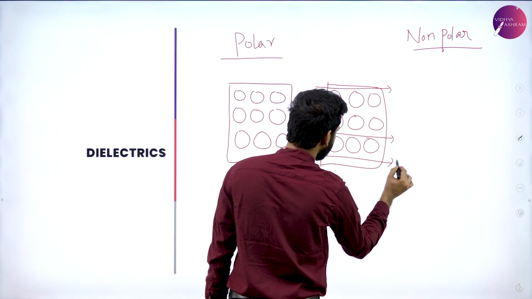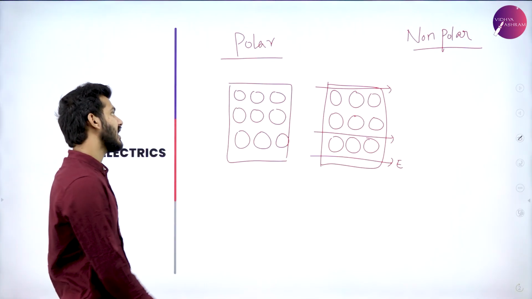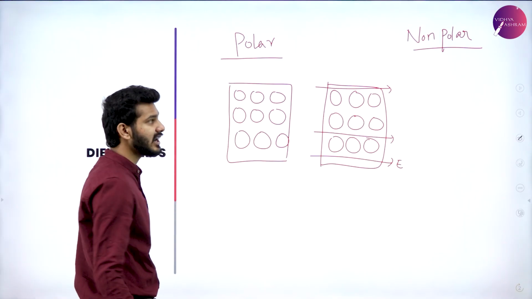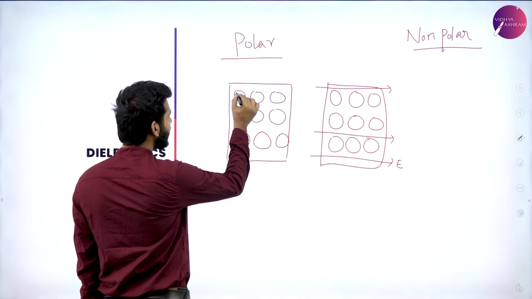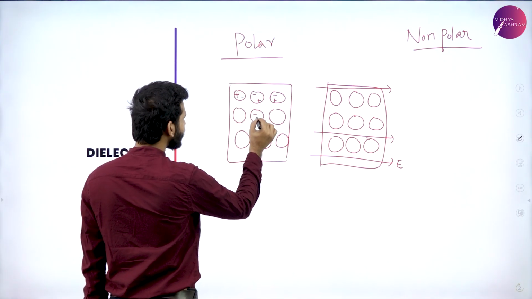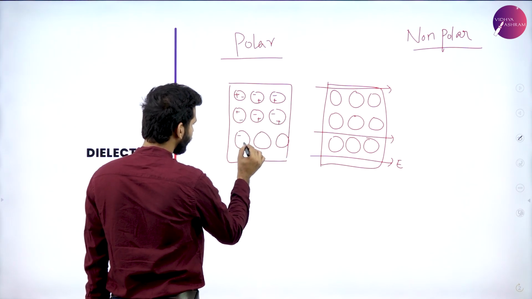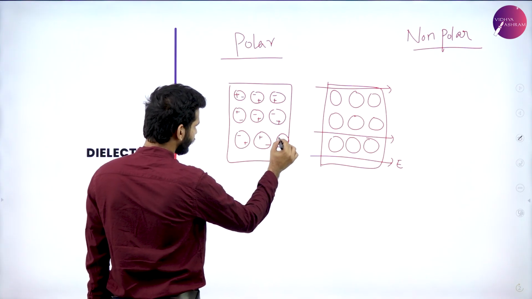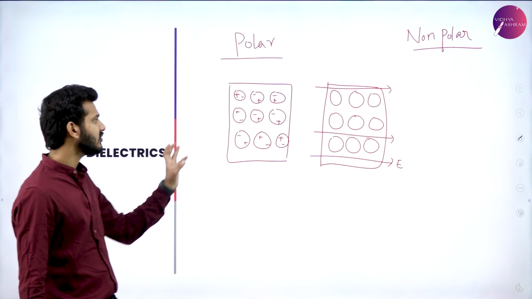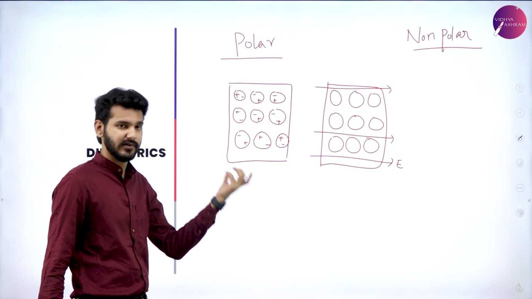This is the external electric field in which I am keeping the dielectric material. Initially the polar dielectric material will be in a manner that the charge centers are randomly arranged. So there is no net electric field. Even though the charge centers do not coincide exactly, the net electric field will be 0.